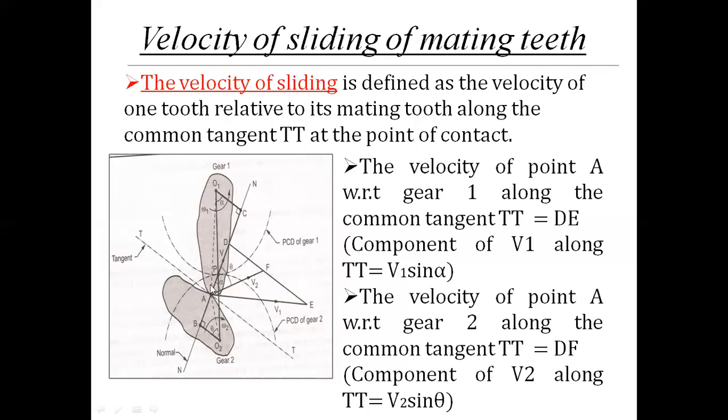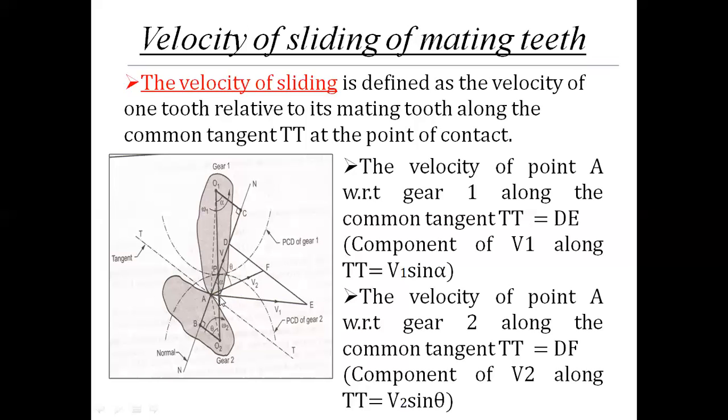This is a right angle triangle because line DE is perpendicular to AC, so angle ADE is 90 degrees, and angle DAE is alpha.